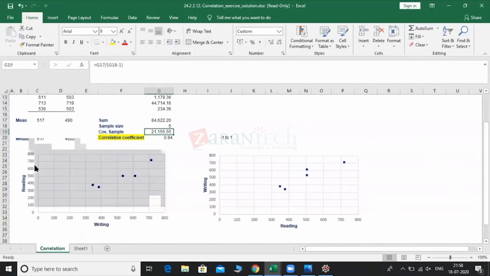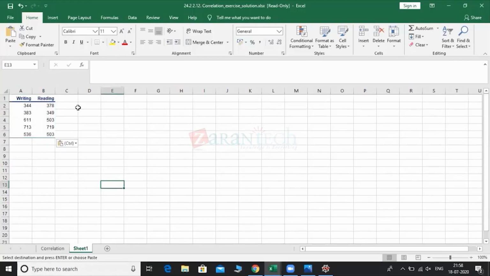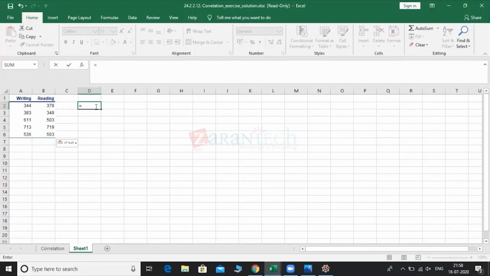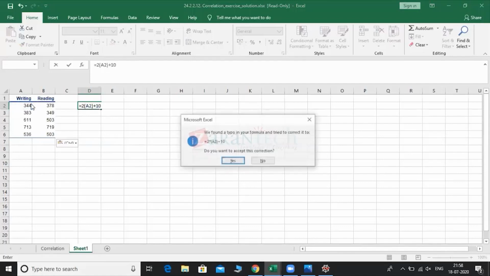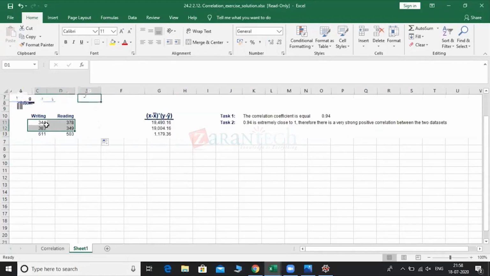For an example, let's say we'll take this itself, and put this here. Let's say instead of reading and writing, I have another variable called x, some general variable, with some numbers I'm just putting randomly.